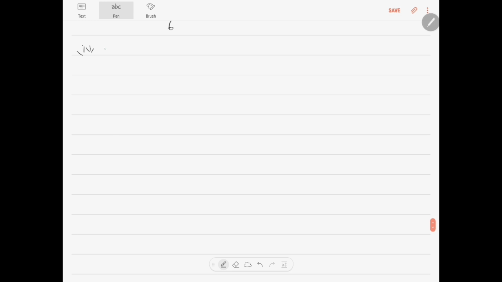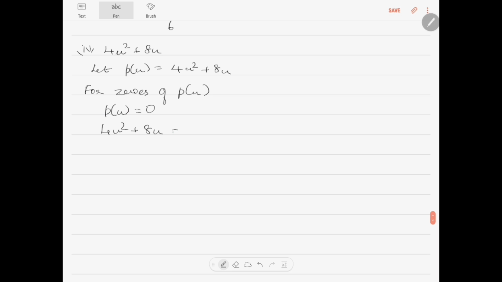Problem number 4. 4u square plus 8u. Let p of u be equal to 4u square plus 8u. For zeros, p of u is equal to 0. 4u square plus 8u is 0. 4u into u plus 2 is equal to 0.